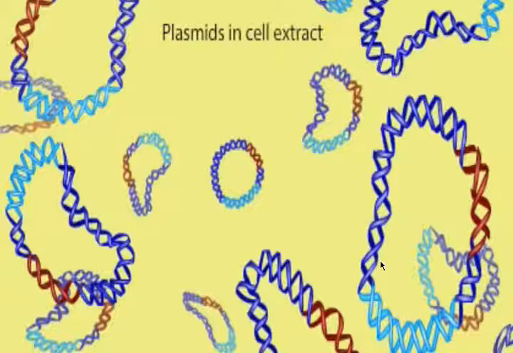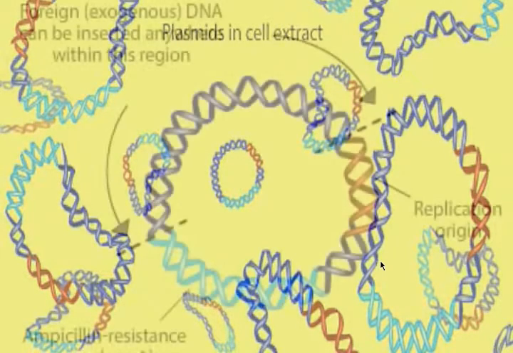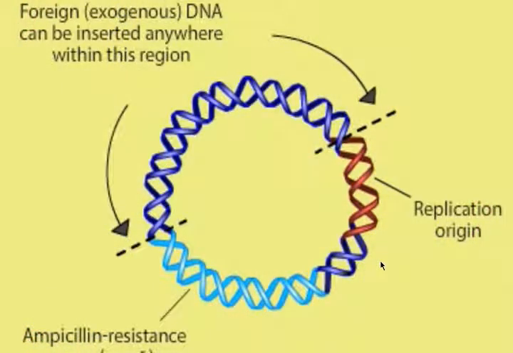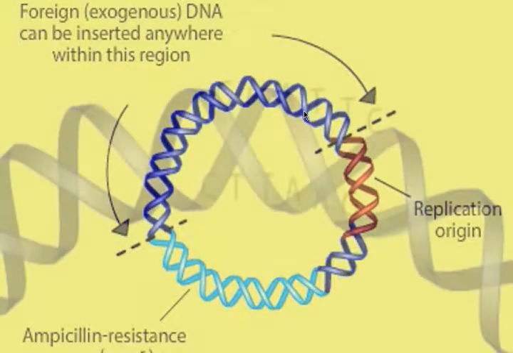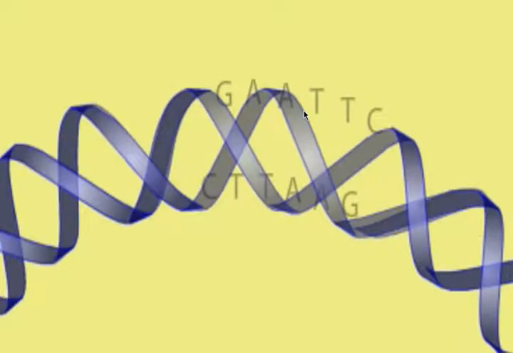Now this is the diagrammatic representation of all the different types of plasmids that are present in the extract. Can you identify, looking at the structure, which plasmid it is? Now to this extract of plasmid we add the REN.